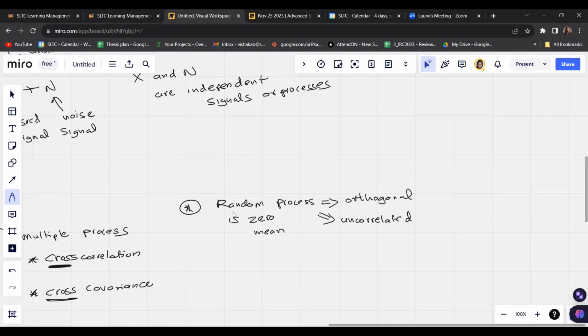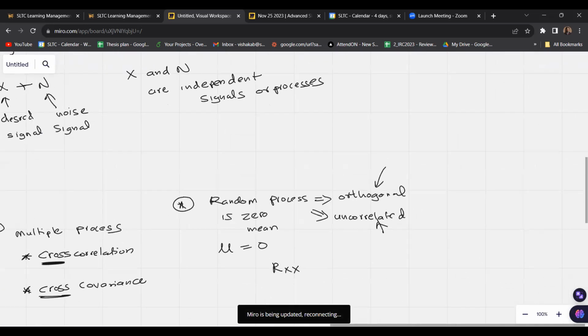That means if the random process has mu equals 0, then the process is both orthogonal and uncorrelated. So for us to check the orthogonality and uncorrelatedness, we use the RXX value.